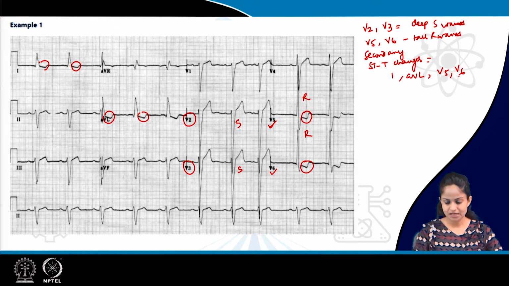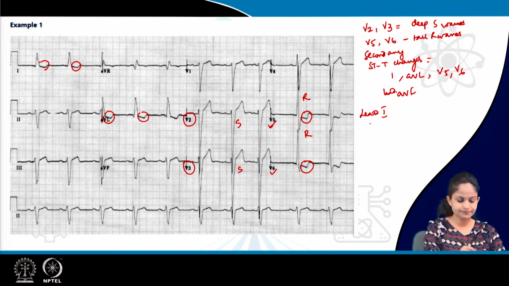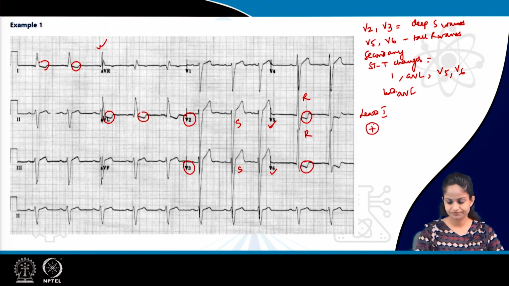Now, if we come to the axis, the very easy approach is the quadrant approach. So, if we take AVF and lead 1, lead 1 is showing positive deflection and AVF is showing negative deflection.